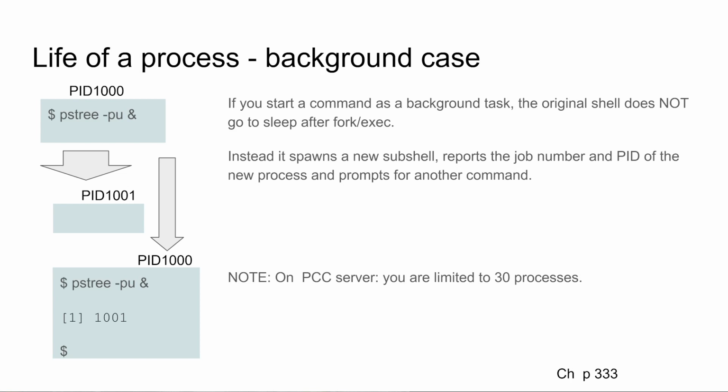So in the diagram here at left, the 1000 forks the 1001. It's in the background. It has a job number, and it immediately returns back to PID 1000 without waiting for PID 1001 to finish. So this looks like on screen you'll get a job number, along with the PID for the new process. So you can kind of see it here in the graphic.